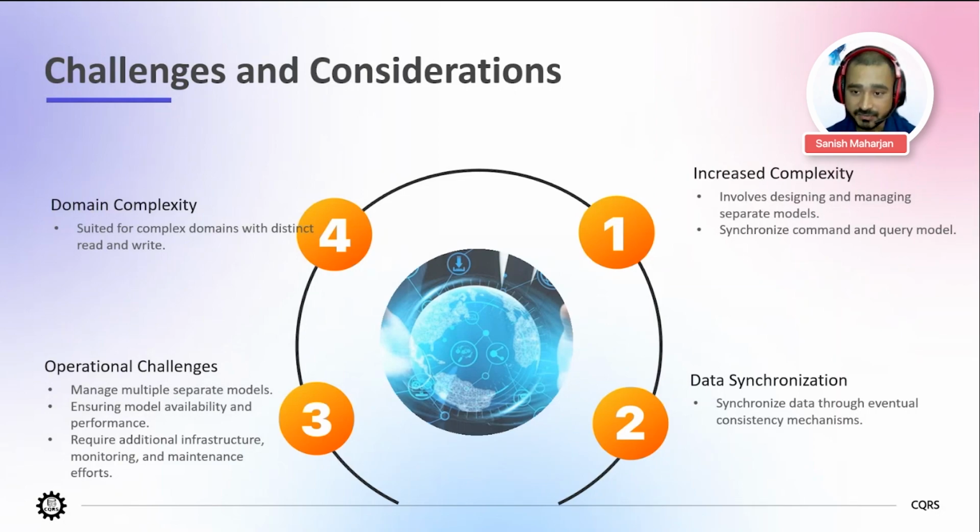And the second one is data synchronization. So synchronizing data should be done through an eventual consistency mechanism. So what is an eventual consistency mechanism? To elaborate on that, we can take a reference to the first diagram that I've shown. We had two databases for write and read, and there was some mechanism for synchronization, right? That synchronization mechanism will definitely take its time.